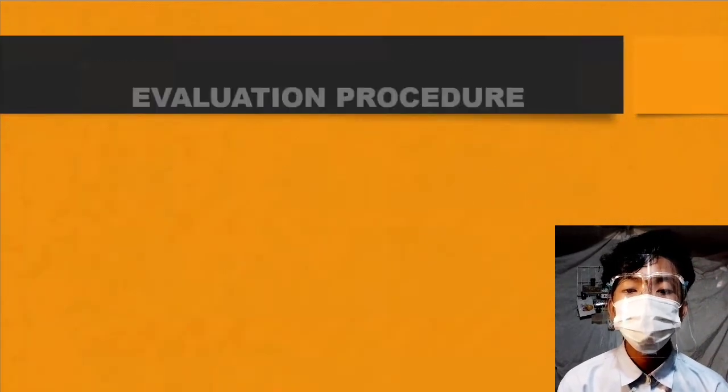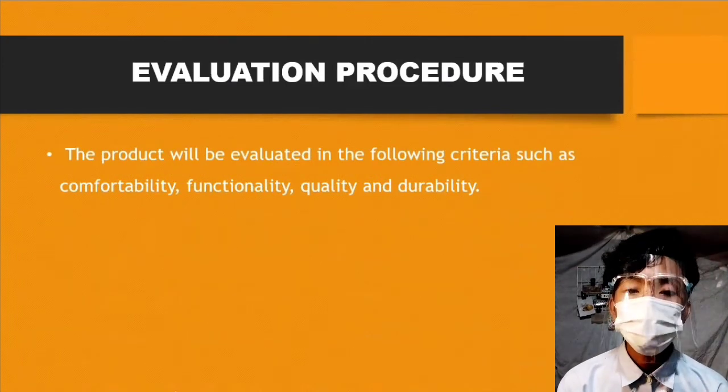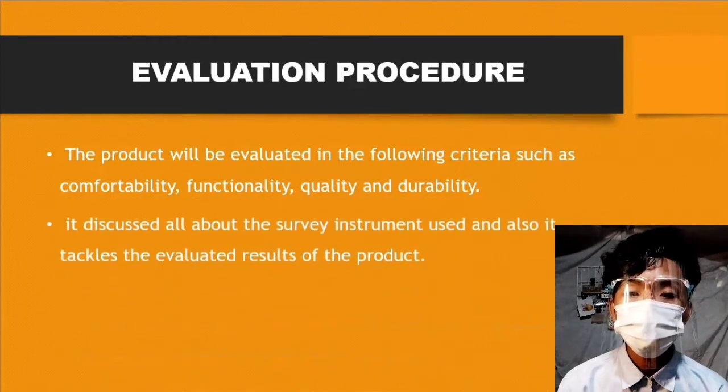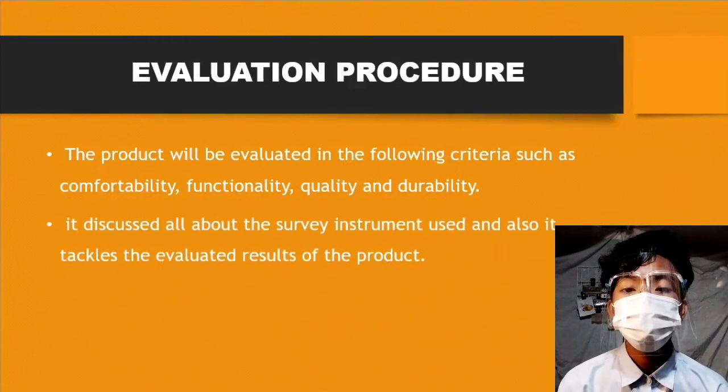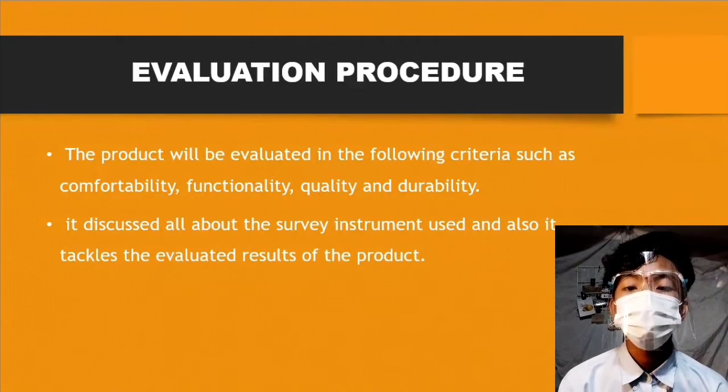Next, evaluation procedure. In this part of the chapter, it discusses the survey instrument used, and it also tackles the evaluated results of the product. The product will be evaluated in the following criteria: comfortability, functionality, quality, and durability.